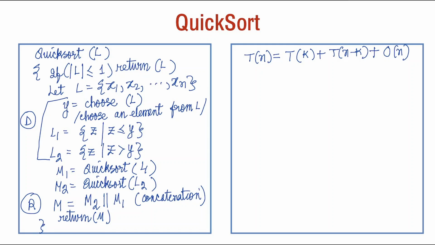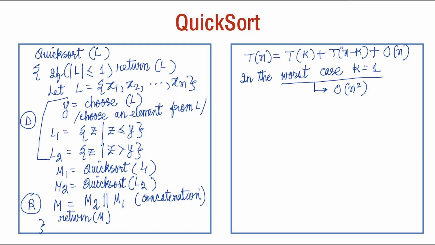But if k is not a fraction of n, and this choice is an arbitrary choice, then in the worst case k can be 1, because you have not decided on what to choose. So since k can be 1 in the worst case, quicksort in the worst case will be order n squared. And you can see that it all depends on this choose algorithm.